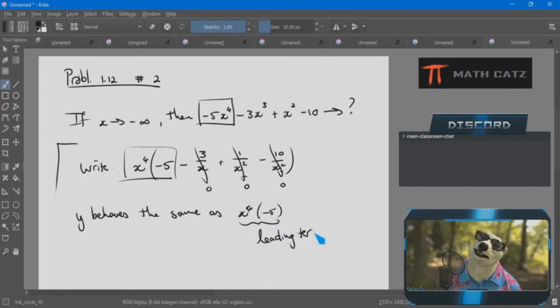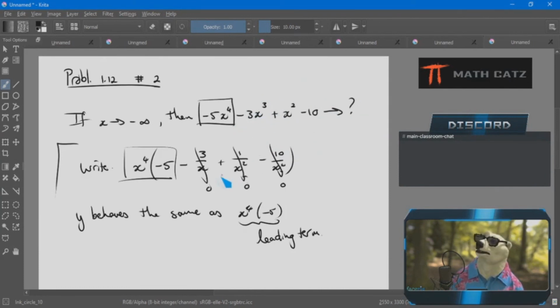And this is a key property of the polynomial, that if I ask a long-term behavior question, then the polynomial behaves the same as its leading term. The other terms make ups and downs in the short term.